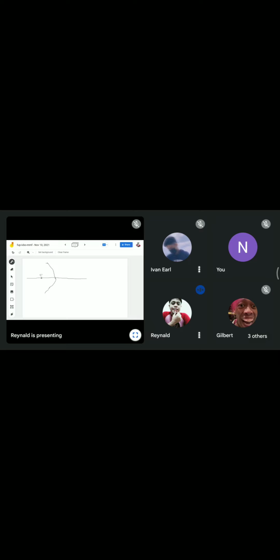So this one. And then here is the focus. And this is the vertex. This is our object. So, halimbawa, meron ako ditong nilagay na kandila. Nakikita ba yung screen ko?